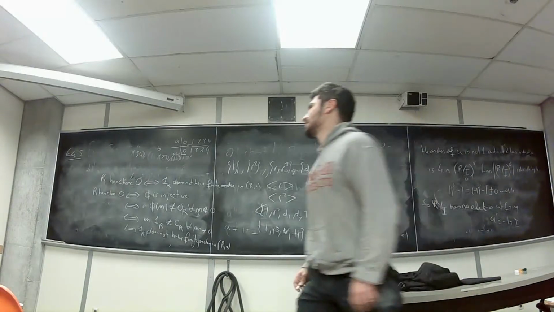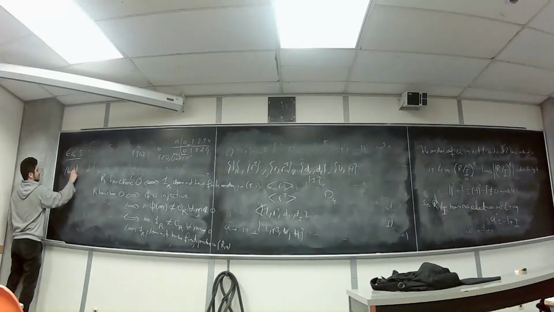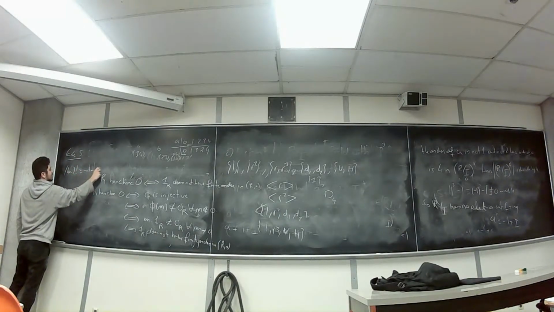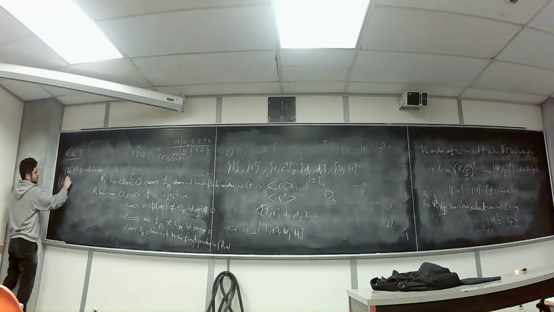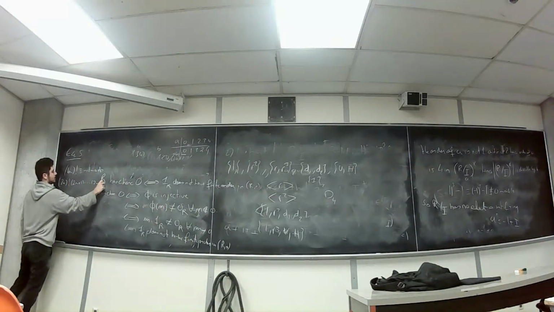So you know that (4m) factorial is minus 1 mod p. You write it as 2m factorial times (2m plus 1) times up to (2m plus 2m).